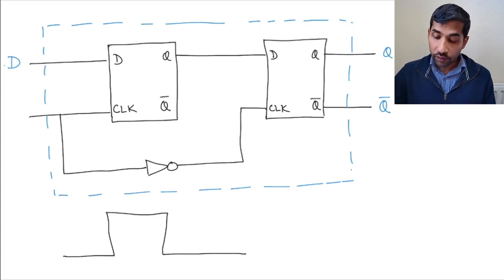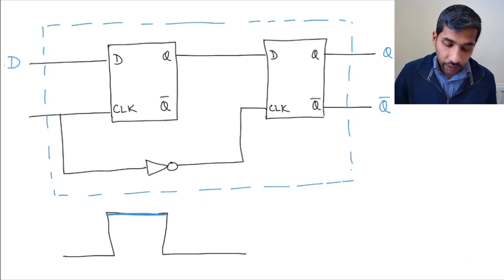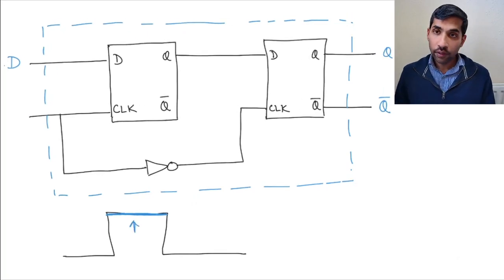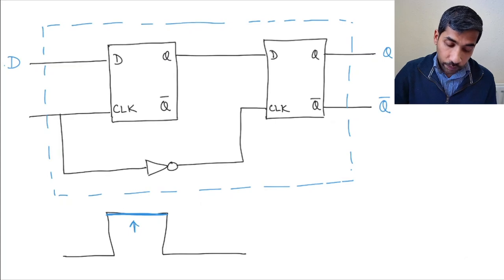The input is going to influence the output only when we are in this high state, right? In this state, in this state. Okay. That's when this D is going to influence this Q.